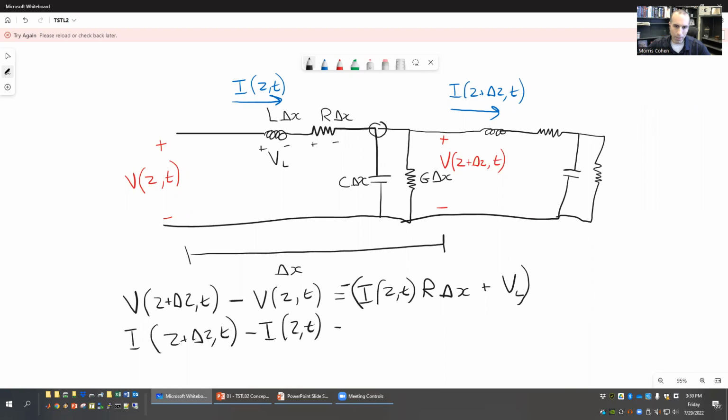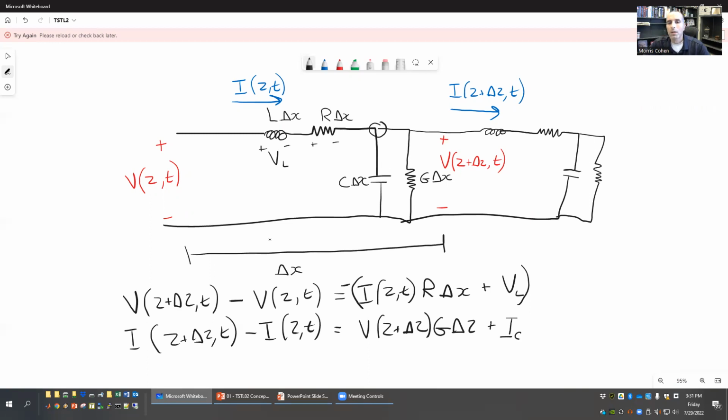And so this we can write in a sort of similar fashion, that this is equal to the voltage at Z plus delta Z times the admittance G times delta Z. Remember, the admittance G is 1 over R, so this is a current right here. This branch right here is a current, plus the current that's in the capacitor.